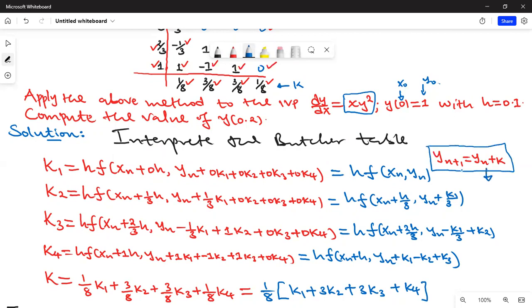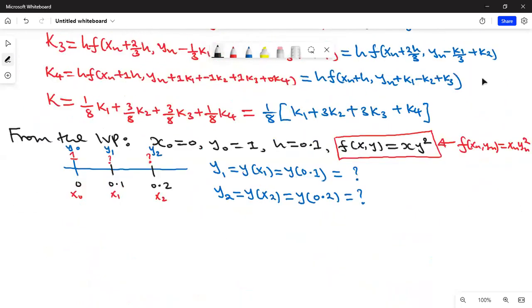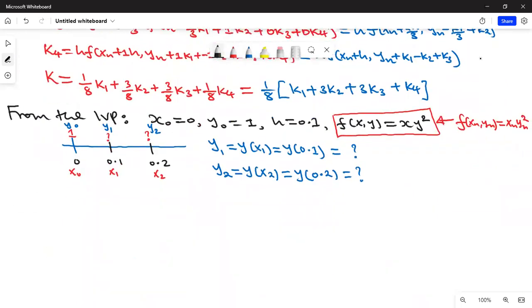In this case, our n is 0, 1, 2, etc. So we are iterating. Let's start with n equals 0 and see what we get. Put n equal to 0. It will give us y1 is equal to y naught plus k.